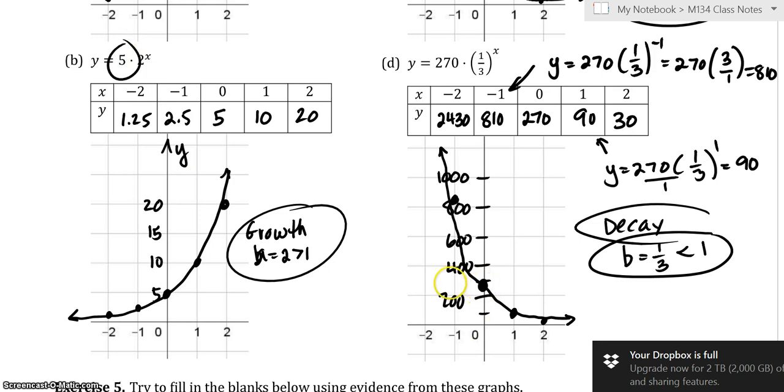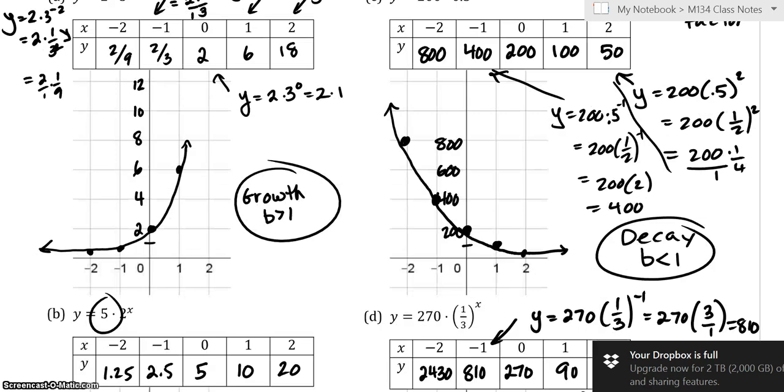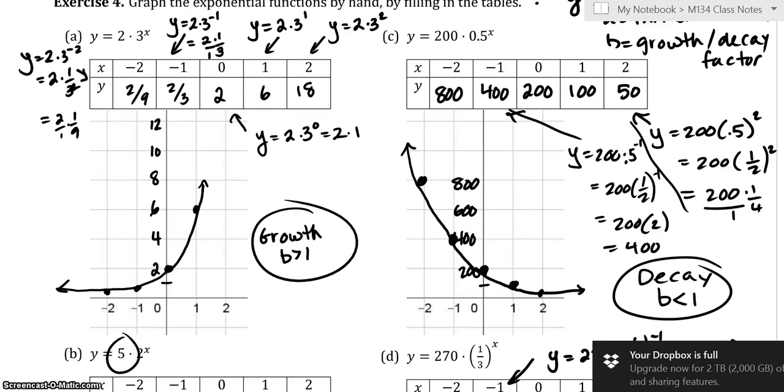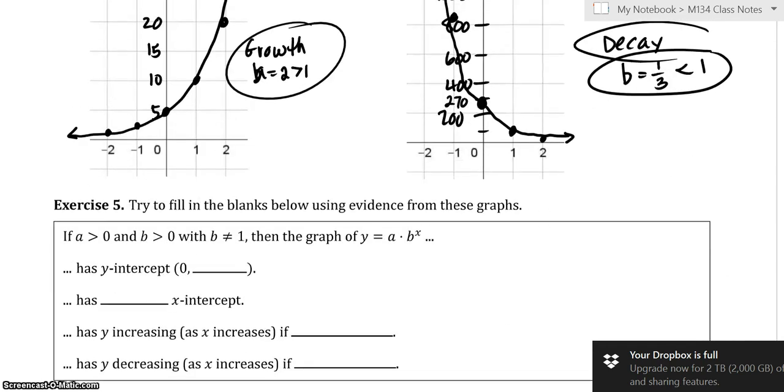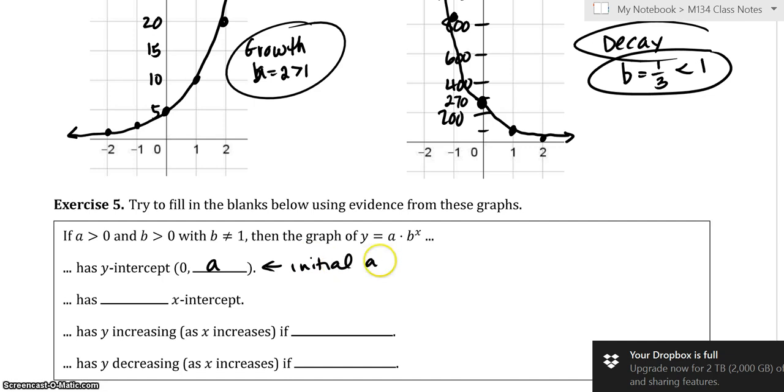The y-intercept was the 270 here. Let's look at these. Right, the y-intercept was 2, was 200. So it looks like a, that initial amount, is the y-intercept. The initial amount.